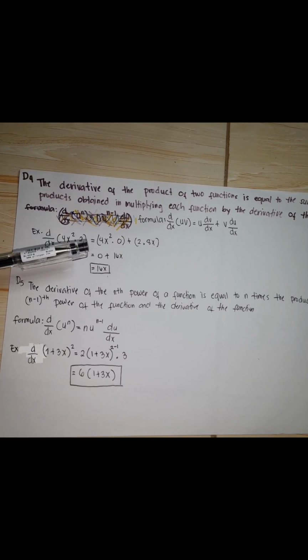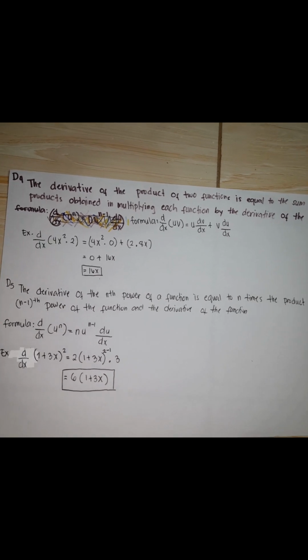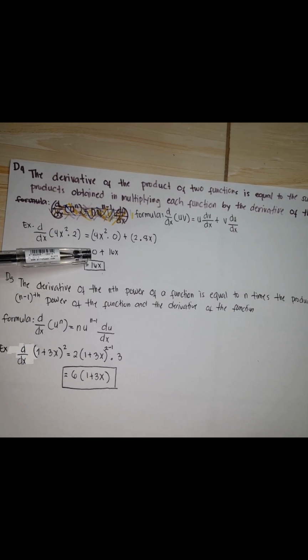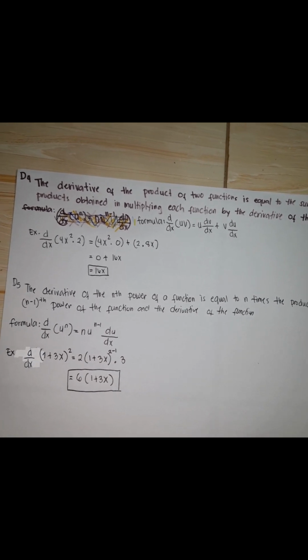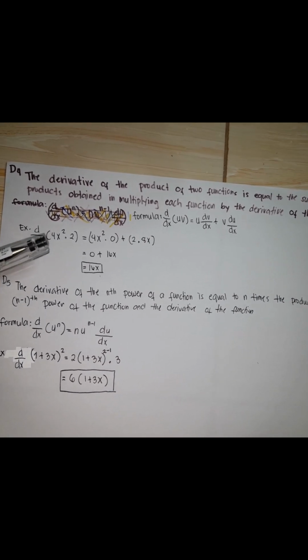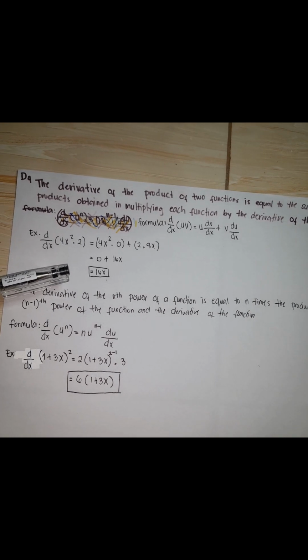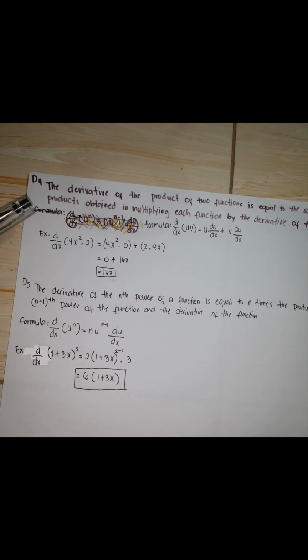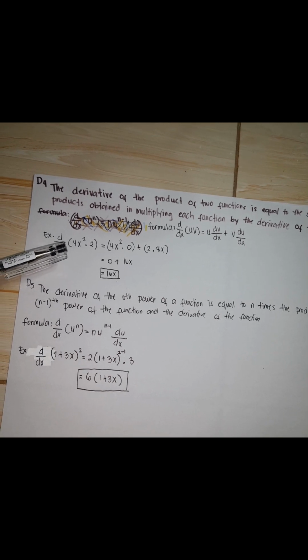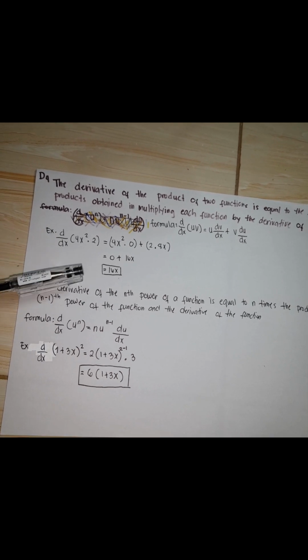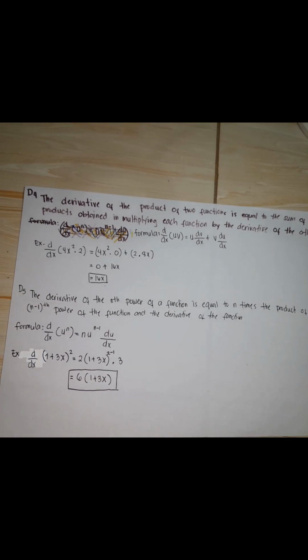So any number multiplied by 0 is always equal to 0. So this 0 plus 2 times 8x. So 2 times 8x is 16x. So the answer is 16x. So the derivative of d over dx of 4x squared times 2 is equal to 16x.